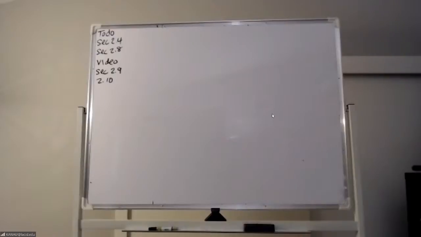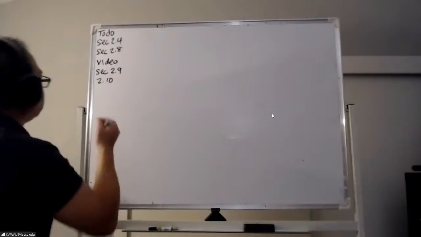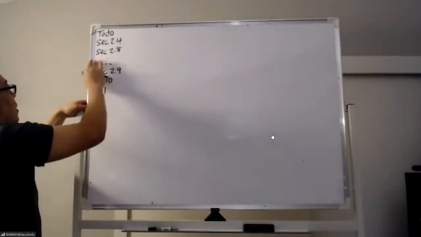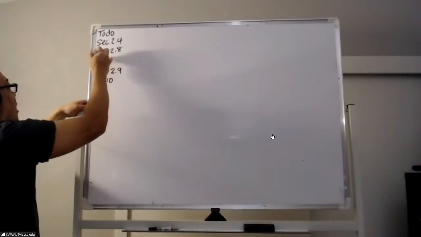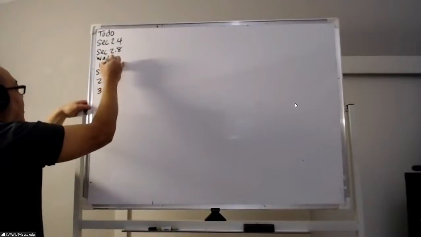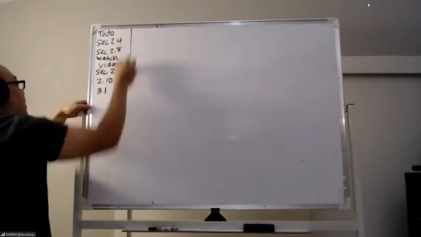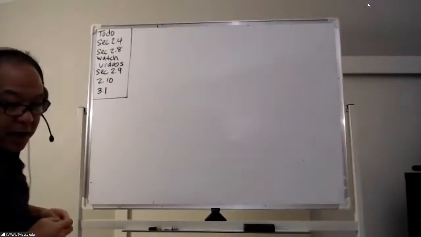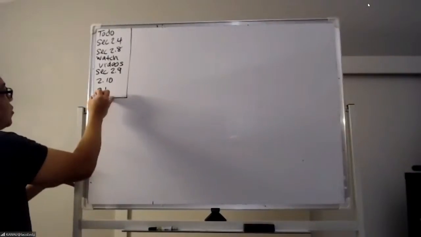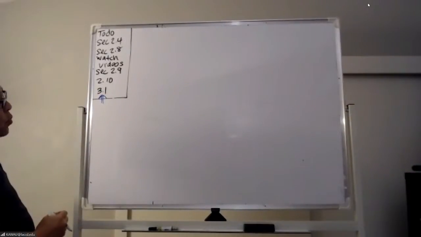Okay, 3.1. So I would recommend watching videos if you have the time for these 3 sections, because we're going to cover it tomorrow. If you only have time to watch one section, watch this one. That's probably the most important one.